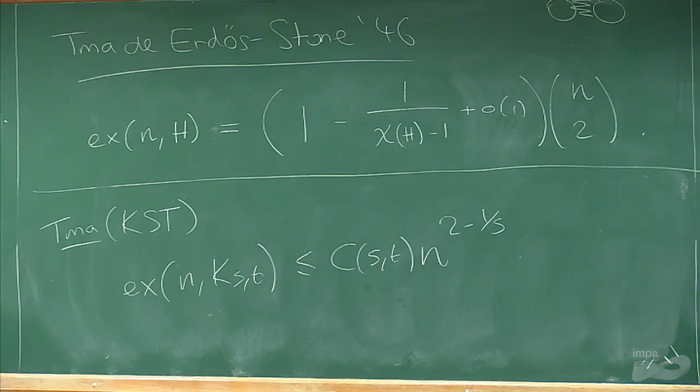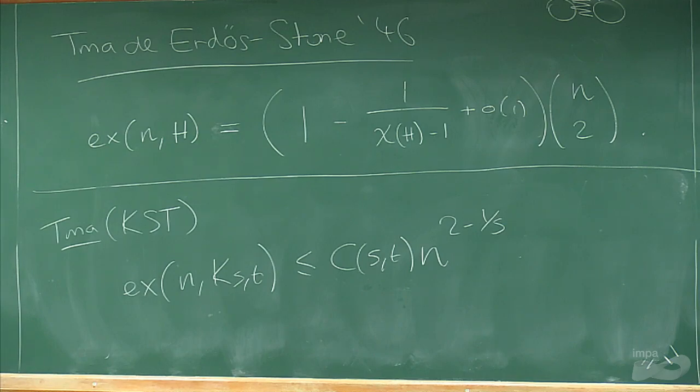So what's known? It's known that if t is bigger than s minus 1 factorial, then the extremal number of K_{s,t} really is of order n to the 2 minus 1 over s. So in particular, it's true for K_{2,t} for any t.